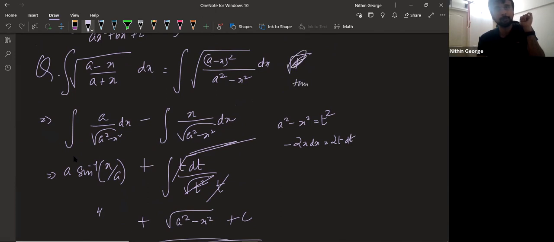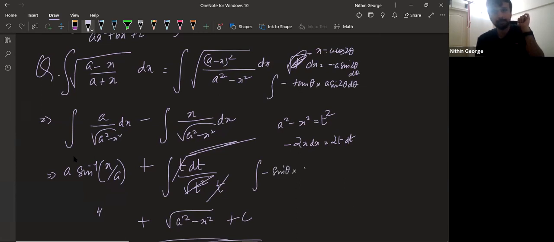That will become tan theta. x equal to a cos 2 theta, so dx becomes minus a sin 2 theta d theta. This is what we are integrating. So this is minus tan theta into a into 2 sin theta cos theta.